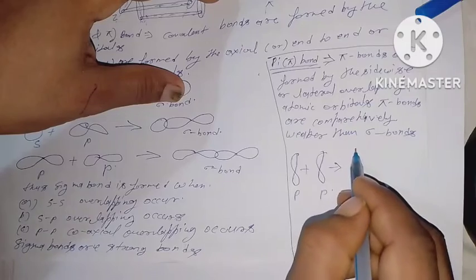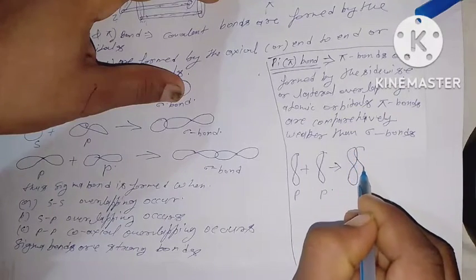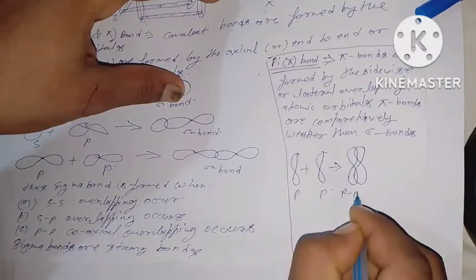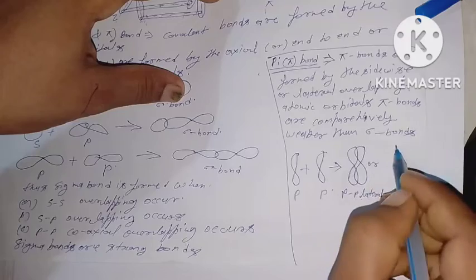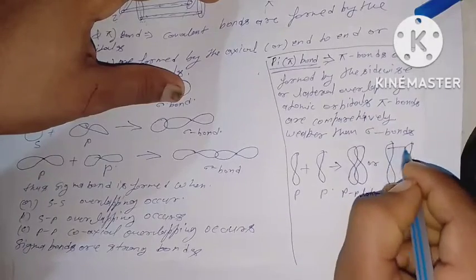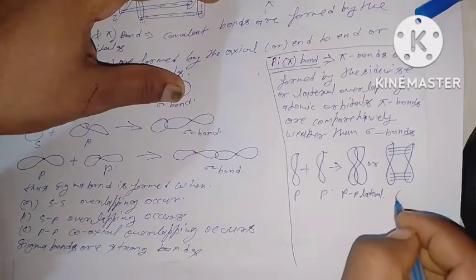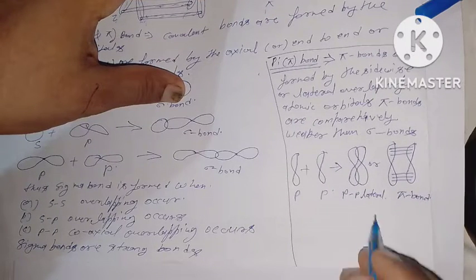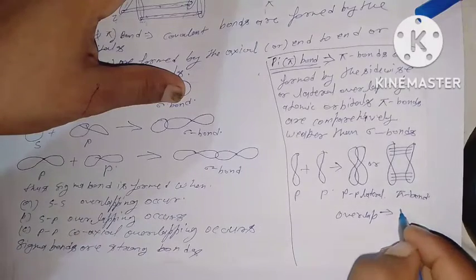After overlapping, as shown here, the PP lateral overlap forms the pi bond.